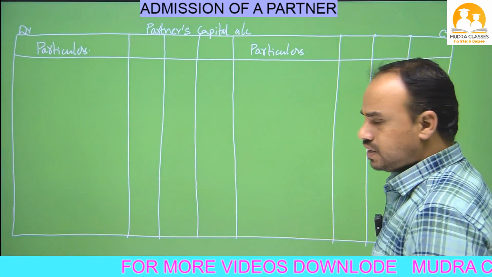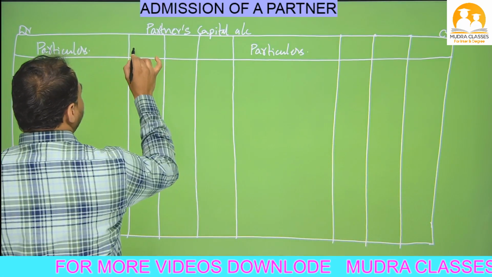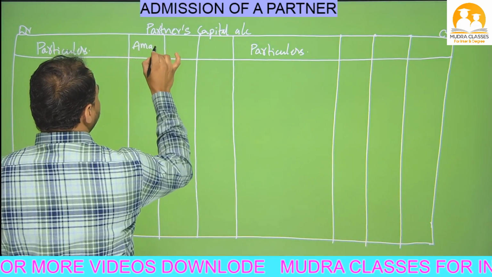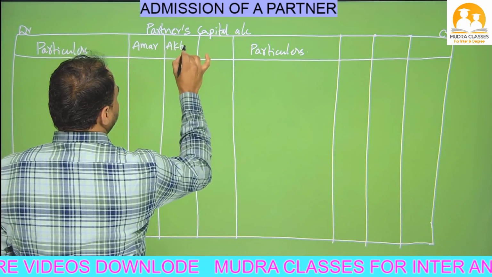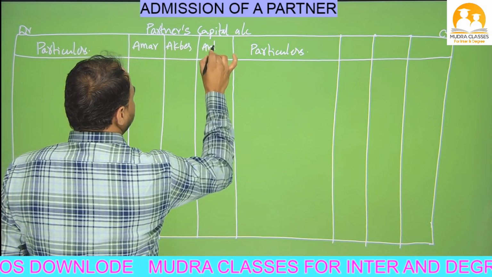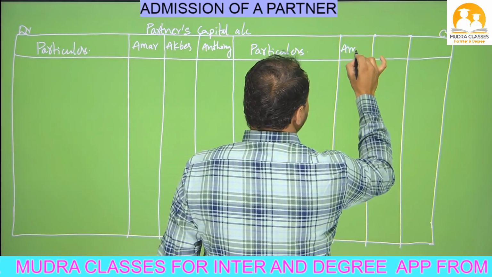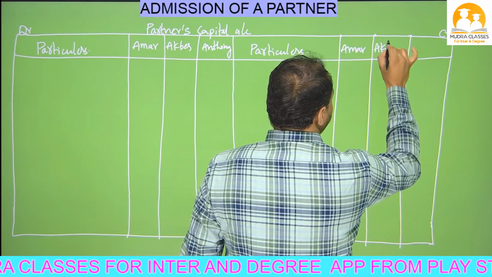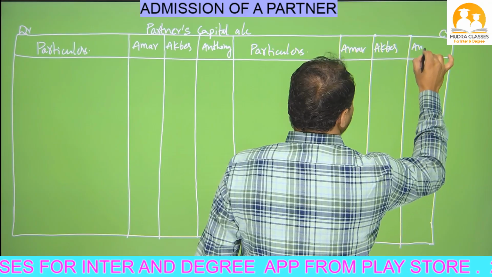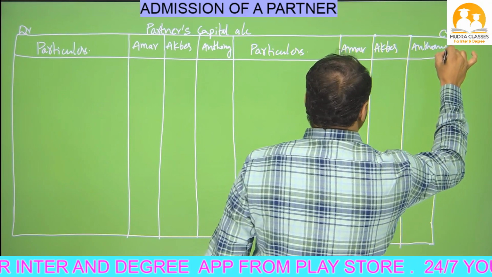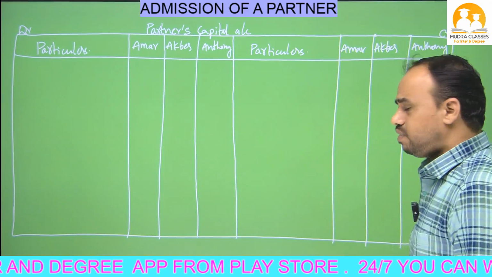See, this is the partners capital account. I will write the 3 partners' names, Amar, Akbar and Anthony. Similarly, on the credit side also we have to write Amar, Akbar and Anthony. So I have written the 3 partners' names on both sides, the debit side as well as the credit side.